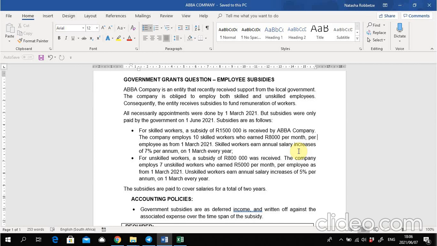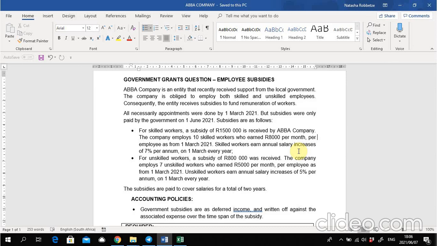Subsidies are as follows. For skilled workers, a subsidy of 1.5 million is received by Abba Company. The company employs 10 skilled workers who earn 8,000 Rand per month per employee as from 1 March 2021. Skilled workers earn annual salary increases of 7% per annum on 1 March of every year.